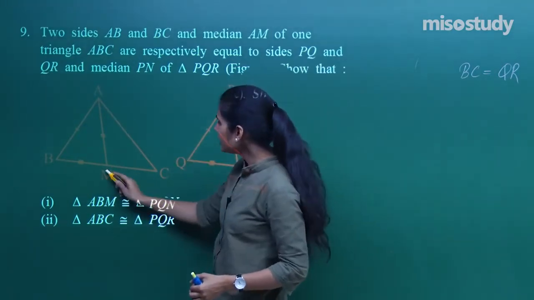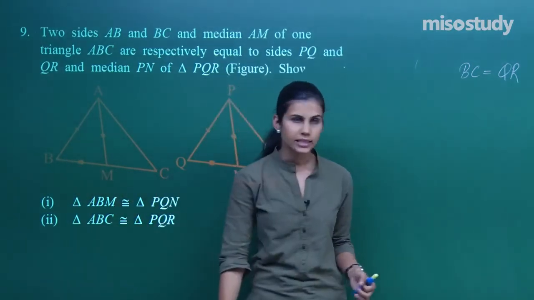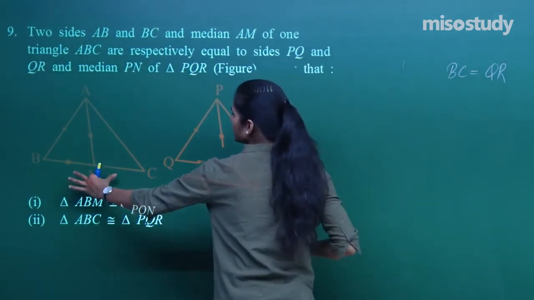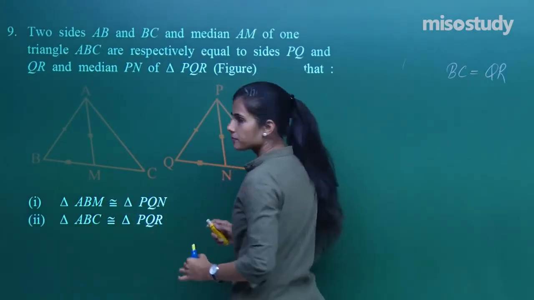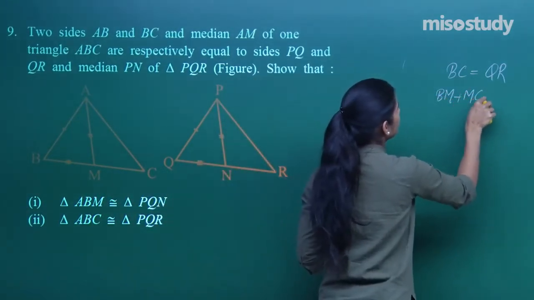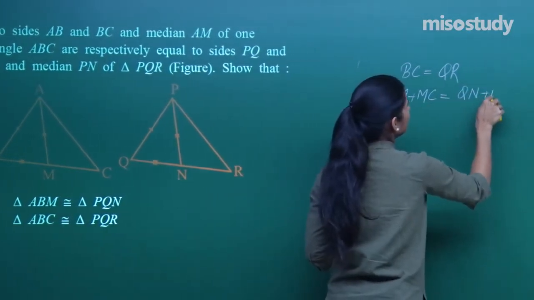If AM is the median, that means M is the midpoint of BC. So I can say if BC is equal to QR, M is the midpoint of BC, so BC can be written as BM plus MC, and I can write QR as QN plus NR.